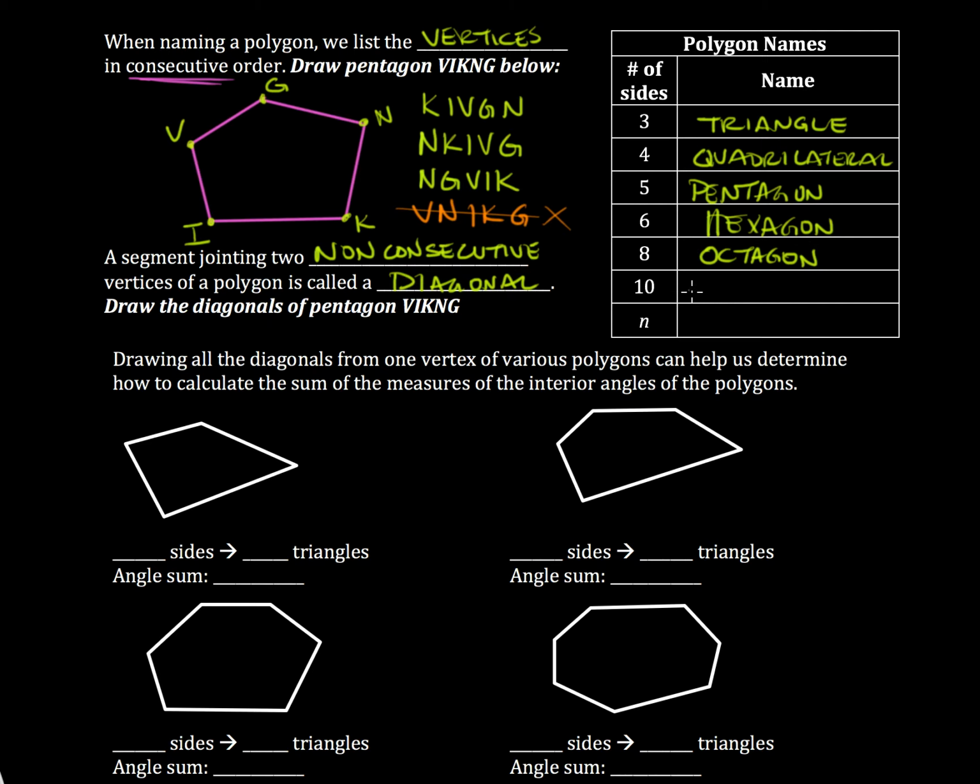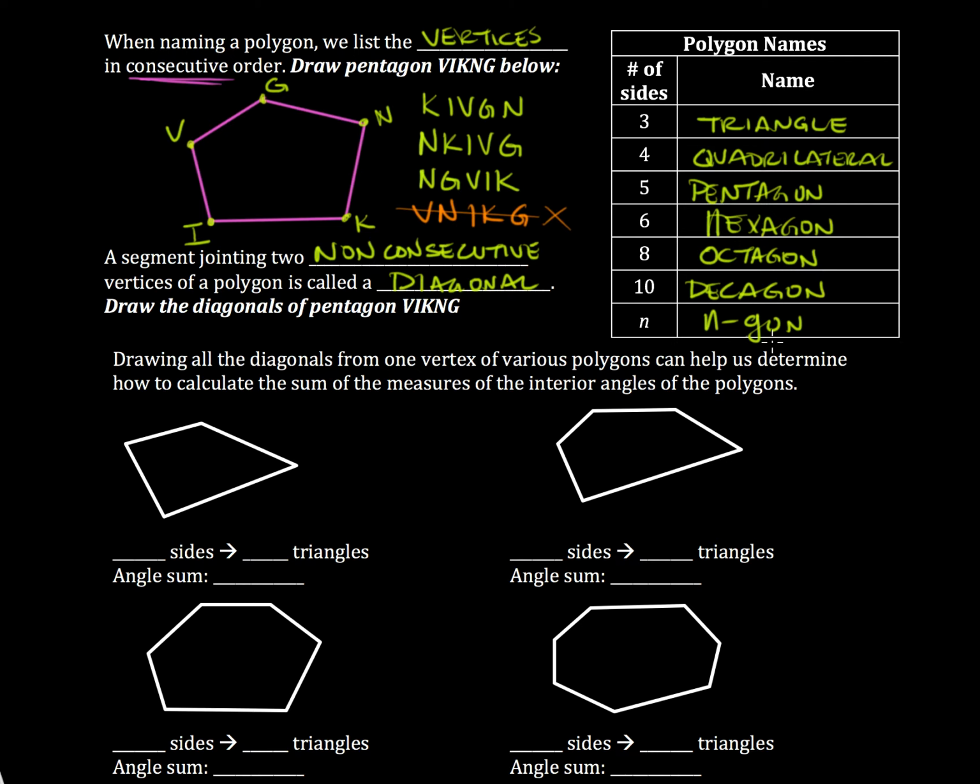A 10-sided polygon is called a decagon. And if we get over 10, there are some other polygons with more than 10 sides that have specific names. But generally, once we get past 10, we just call it an n-gon, where n is the number of sides. So it might be an 11-gon or a 12-gon or a 13-gon. And you'll see some examples of that coming up in a minute.